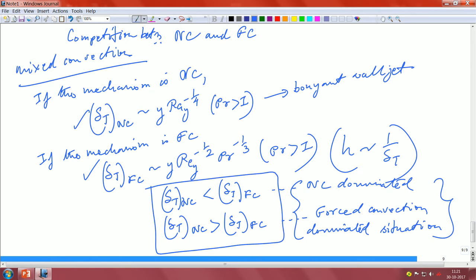So, delta T NC less than delta T FC is natural convection dominated, whereas delta T NC greater than delta T FC means forced convection dominated. It depends on which mode you are actually choosing, and these are all valid for the Prandtl number greater than 1 situation.